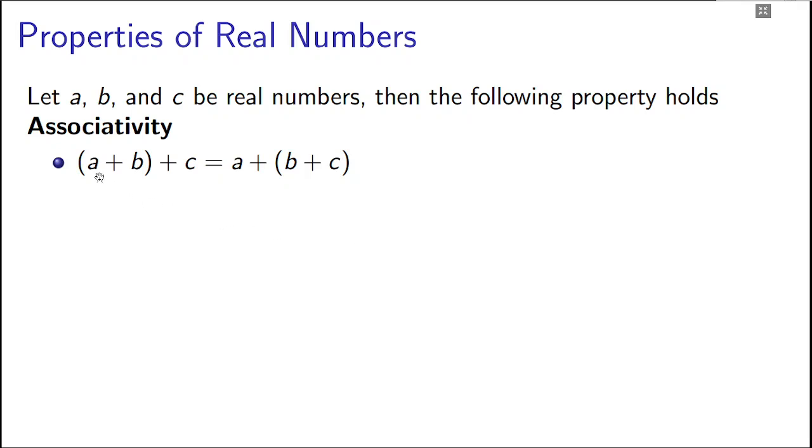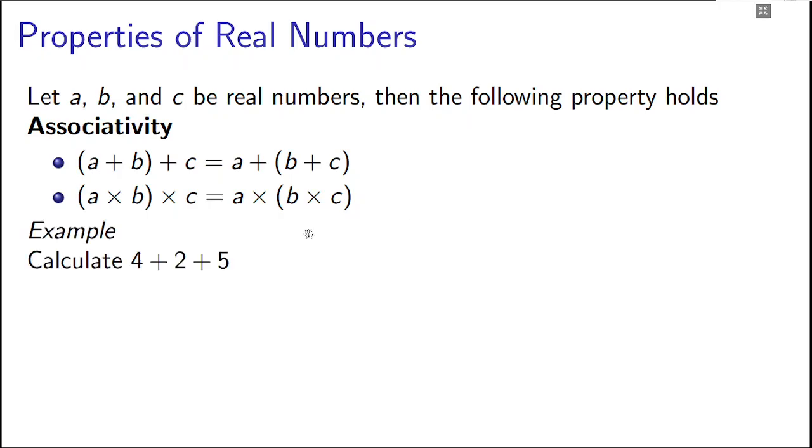As you can see, we are adding three numbers, A, B, and C. So which should we add first? Can I add A and B first, or do I add B and C first? Well, this property says, look, it doesn't matter. As long as you are chaining addition here, then you can add A and B first, or you can go with B and C. It's still the same. Now, this also applies for multiplication.